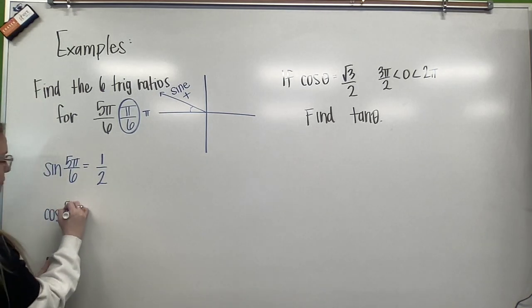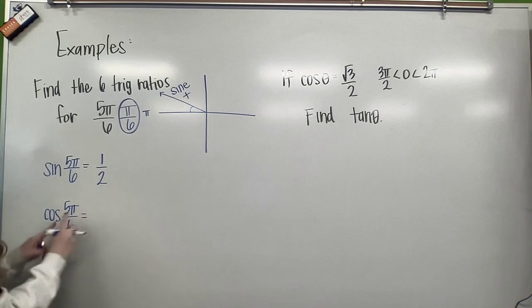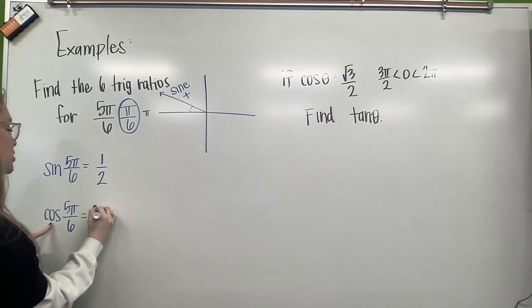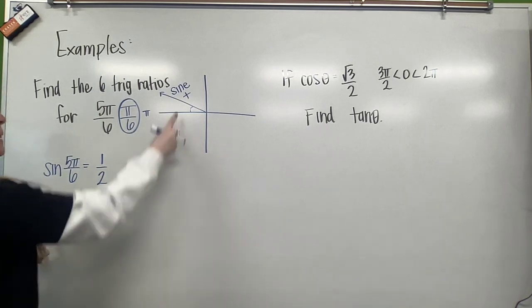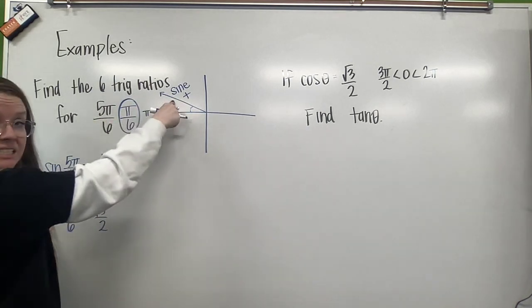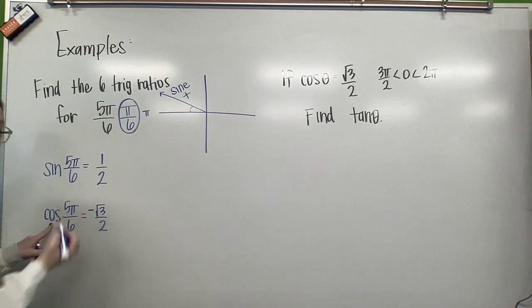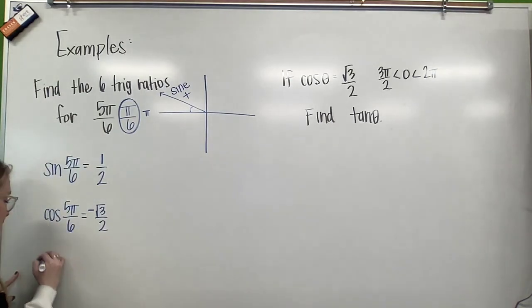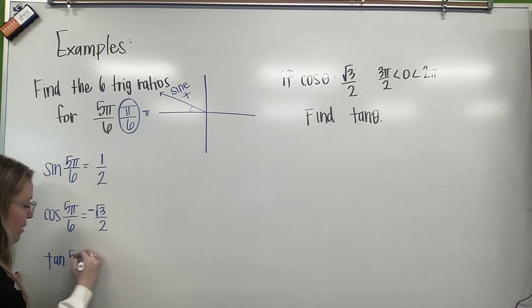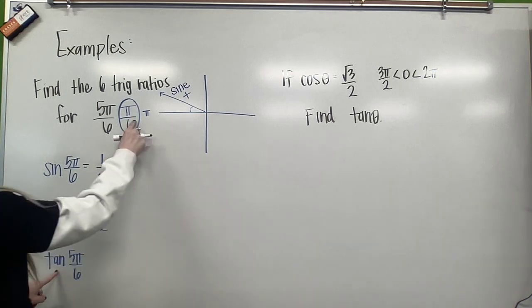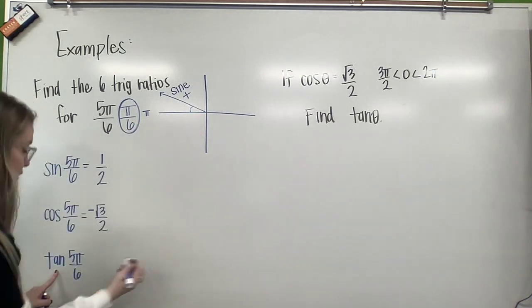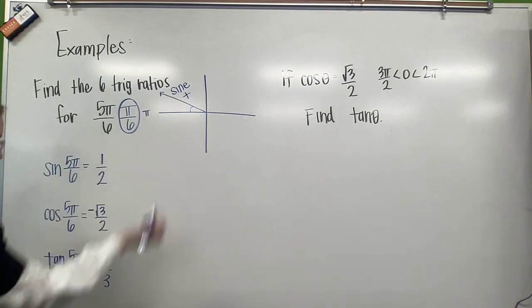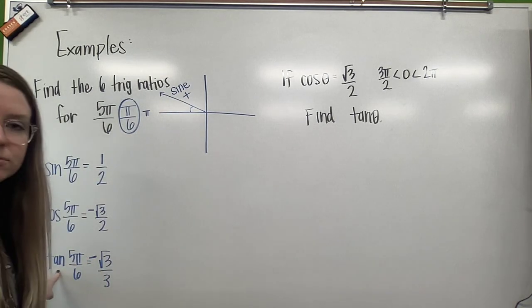Cosine of 5 pi over 6, we know the cosine of pi over 6 is root 3 over 2, but because 5 pi over 6 is in the second quadrant, my cosine is negative. Yeah? And tangent of 5 pi over 6, the tangent of pi over 6 is root 3 over 3. But because we're in the second quadrant, tangent is negative.